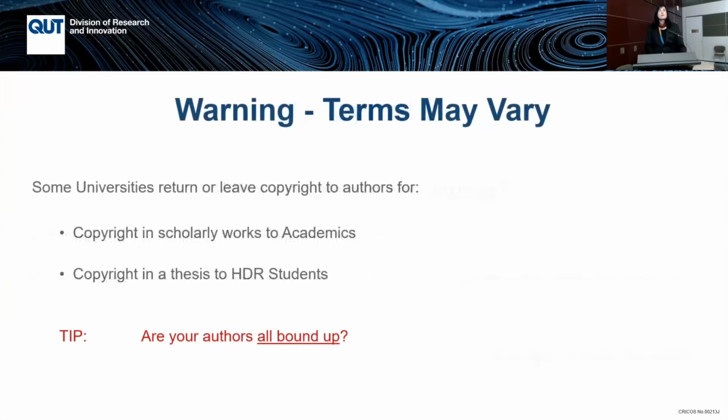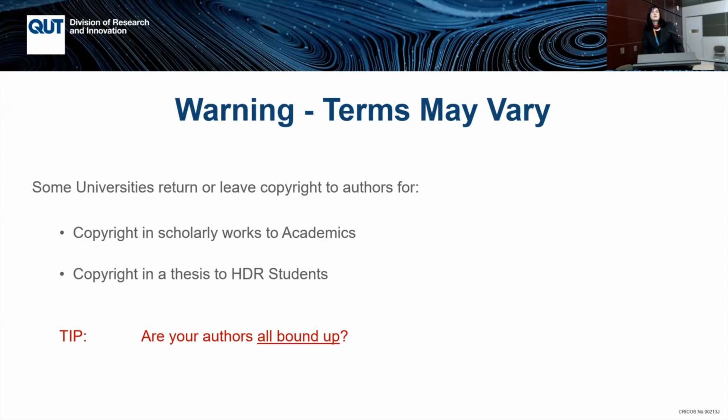It does, however, kick over an important step because, firstly, the terms of employment might provide for various rights for the copyright to remain with the authors. Also, in relation to HDR students, I would point out that those students are not employees.